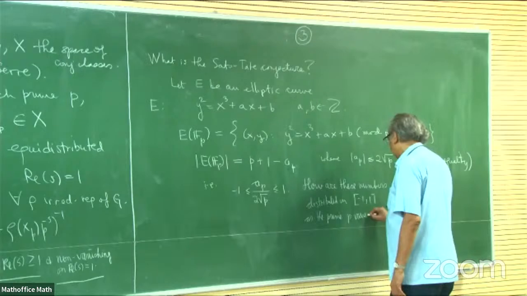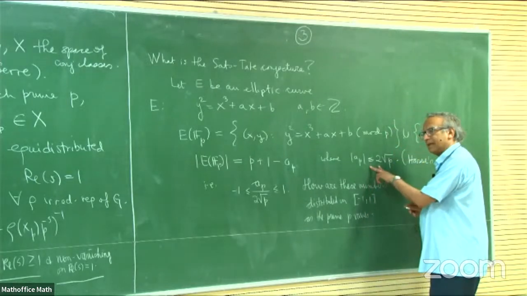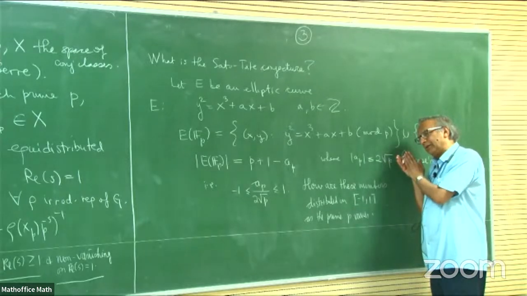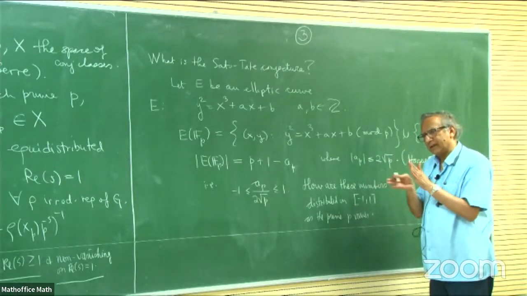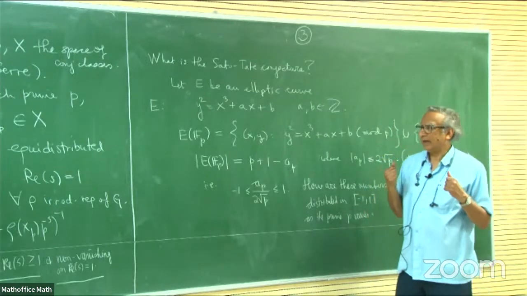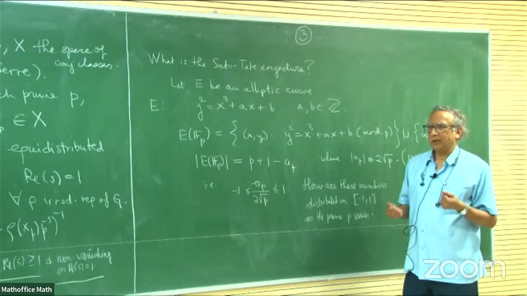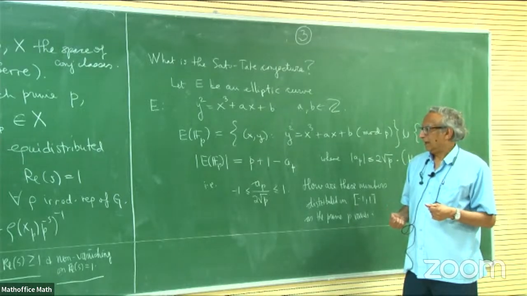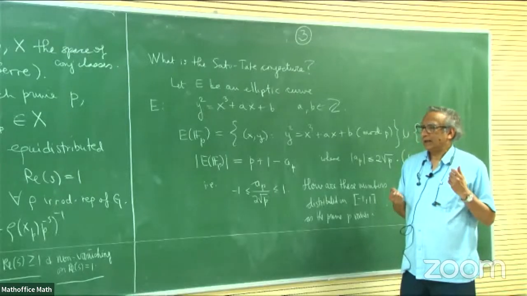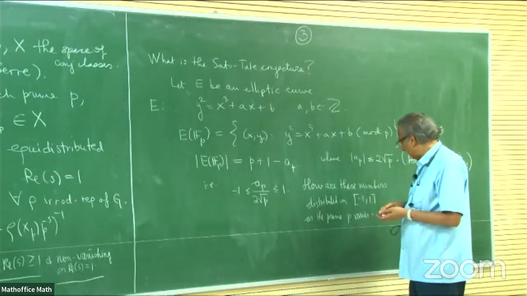So the Hasse estimate tells you this always holds, but is a_p always clumped very close to 2 root p, or is it -2 root p, or is there some sort of regularity? So how are these numbers distributed? So here's this very concrete question about elliptic curves, about these numbers, and the only way to answer it is through the Langlands program. Let's explain that now.